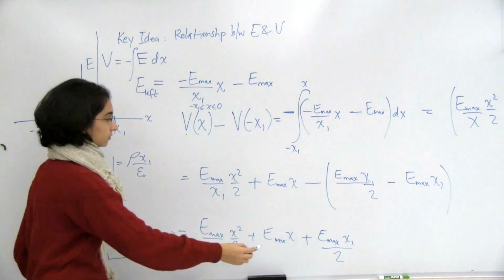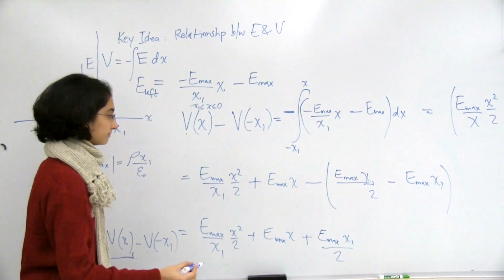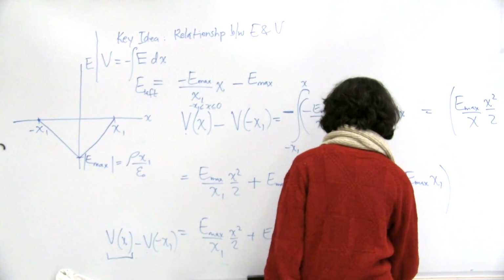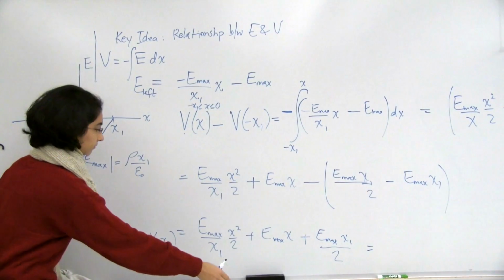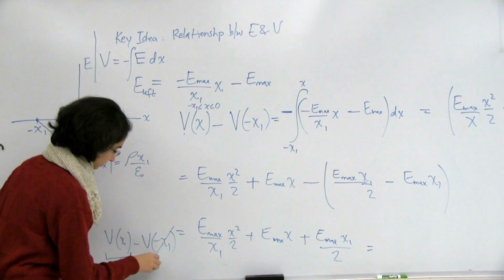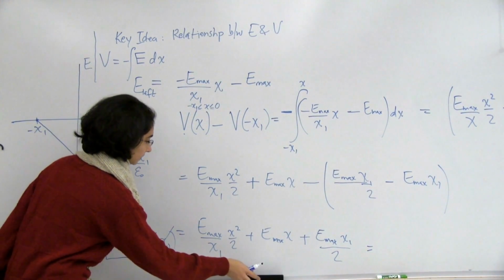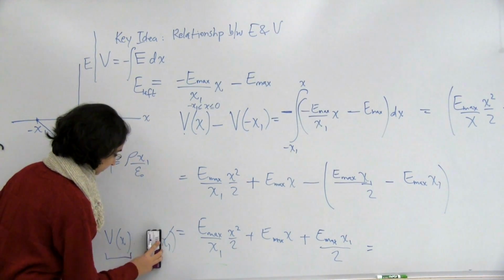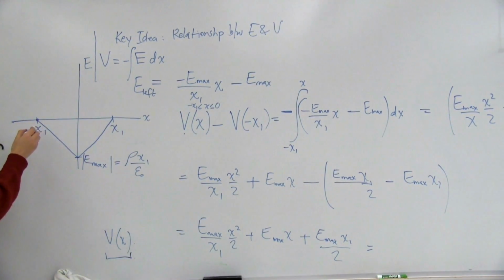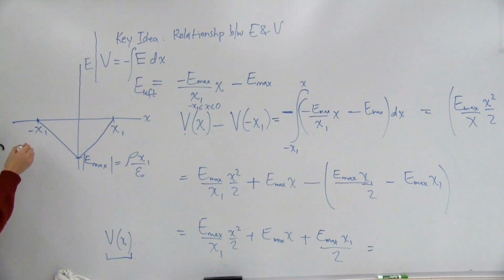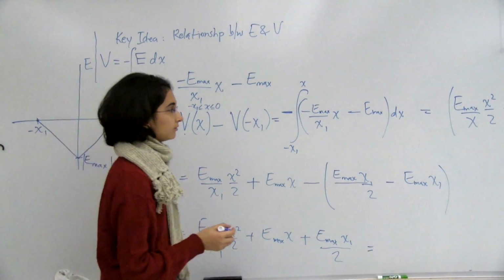So when you take 0 to the other side, it won't make a difference. So this just is your Vx for x less than 0 and more than or equal to negative x1. Okay, so that's half of the problem.